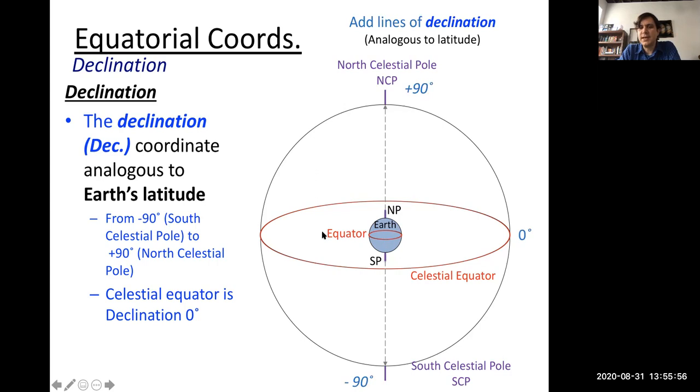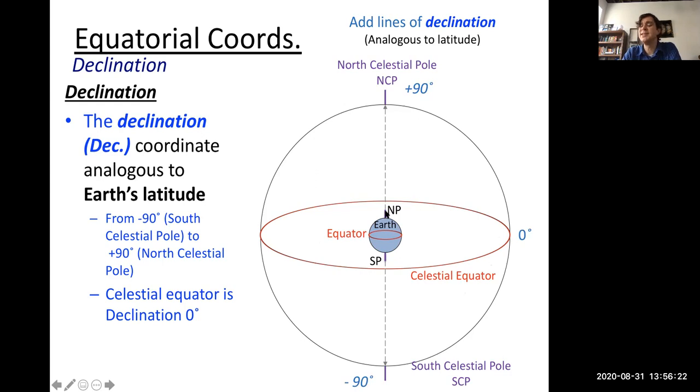So what is the latitude of Earth's equator? Well, that's 0 degrees. So the declination of our celestial equator we'll define as 0 degrees. But we're not talking about 0 degrees celestial latitude. That would be an intuitive name. It got called 0 degrees declination. So now we have the celestial equator is 0 degrees declination.